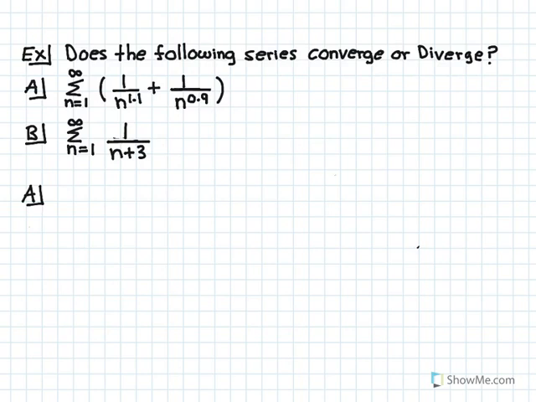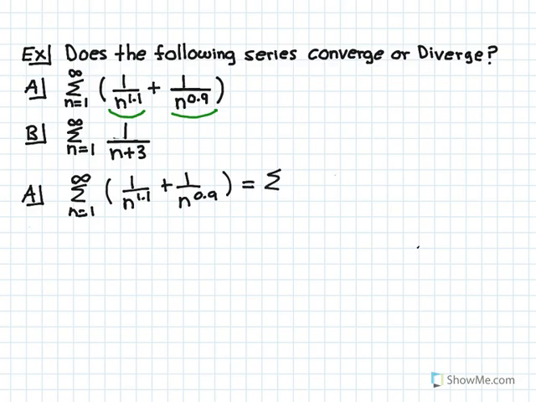So here we have part A, summation n equals 1 to infinity, 1 over n to the 1.1 plus 1 over n to the power of 0.9. Let's split up the sums, so we can write this as summation n equals 1 to infinity, 1 divided by n to the 1.1 plus 1 divided by n to the 0.9.